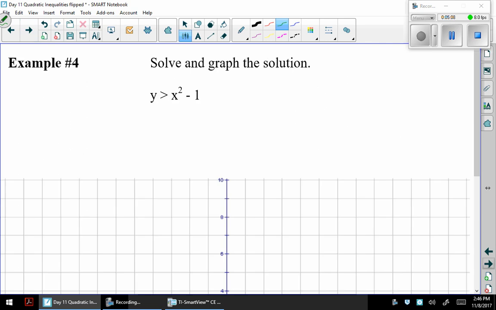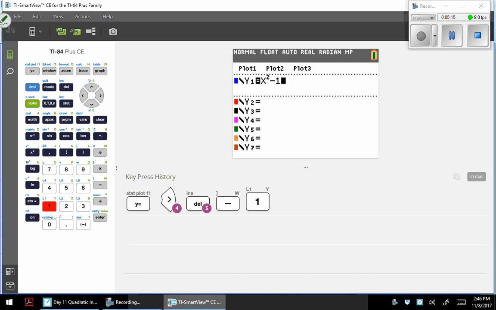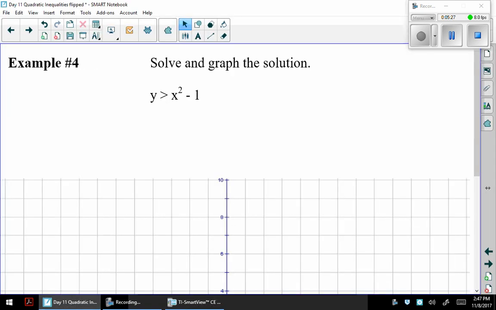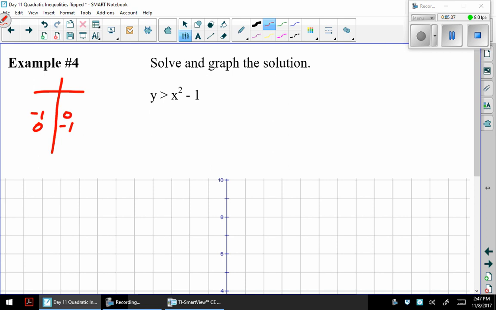All right, let's graph them. So y is greater than x squared minus 1. I already have it here in my calculator. So I'm going to go second graph and go to my table and write down that table. Again, that's the work for this. The turning point is 0, -1; -1, 0; -2, 3; -3, 8; 0, 3, 8.